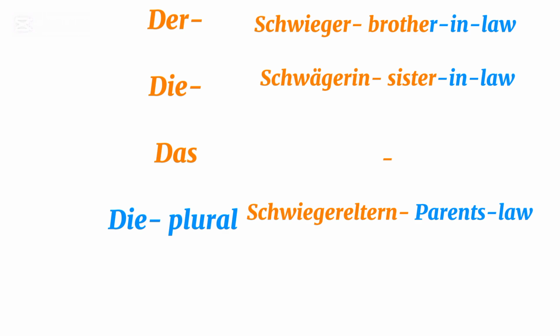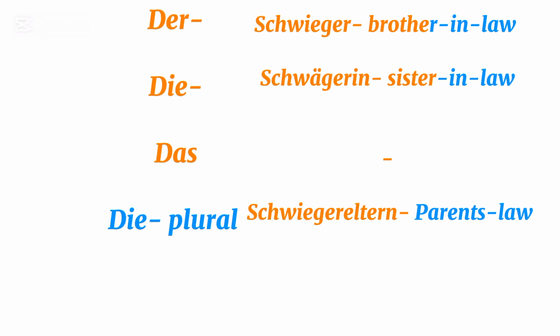So we have a young boy and a young girl. Boy is called Junge and girl is called Mädchen. Okay? As simple as that, guys. Nothing more, nothing less. Yeah? It's as simple as ABCD.